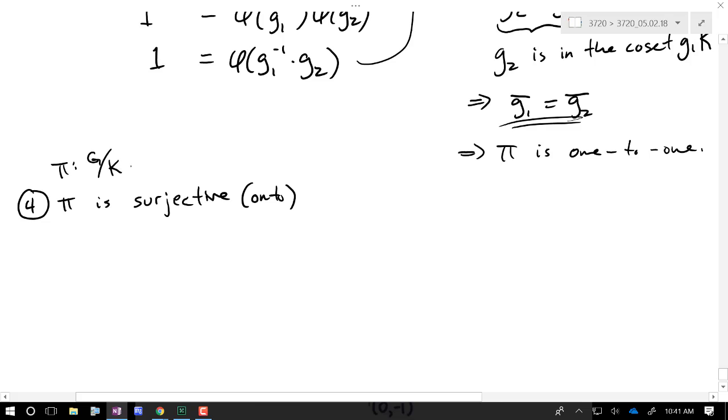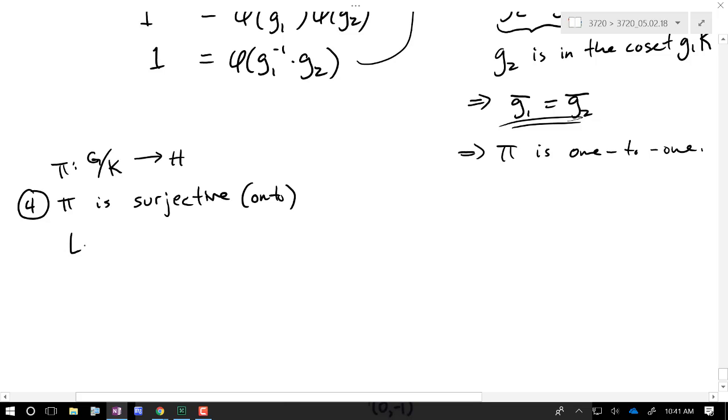We know that it's a 1-to-1 homomorphism right now, but it maps from G mod K to H. Knowing where it maps from and where it maps to is important when we're trying to show that something is surjective, because what that means is that no matter what element in my target group I pick, we want to show that there's some coset over here that maps to that under the pi homomorphism.